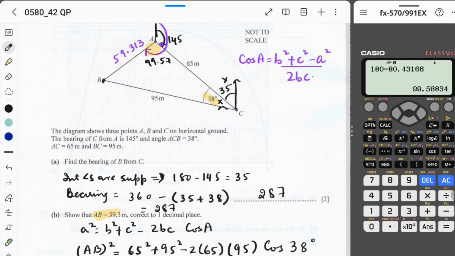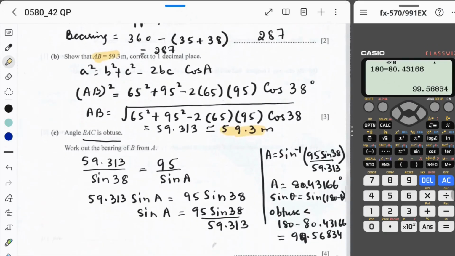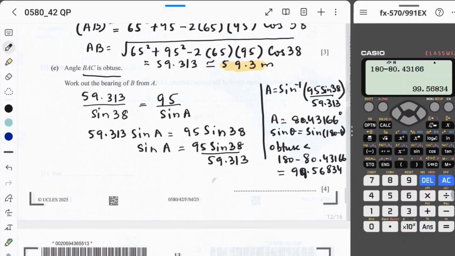99.57. Alright, so for the whole angle, you are going to add 145 with 99.57 and then you can find your answer. The bearing of B from A: just add 145 in your answer.